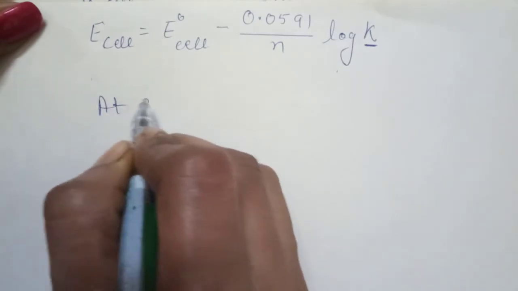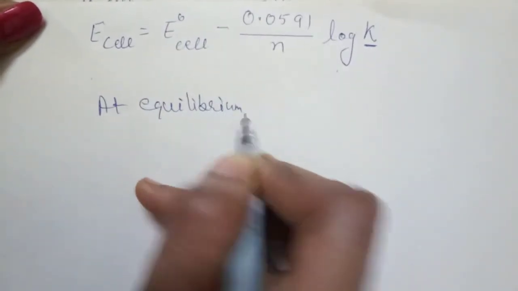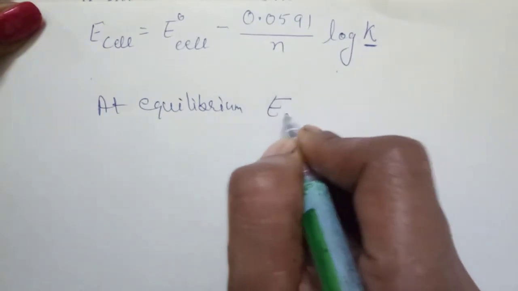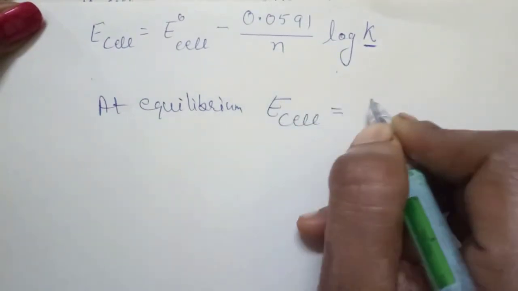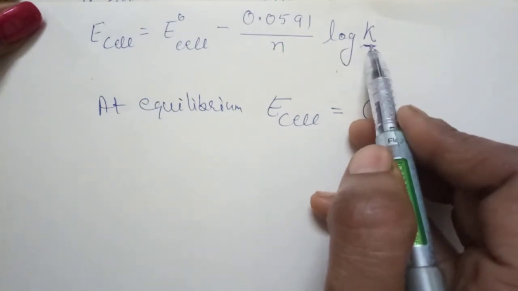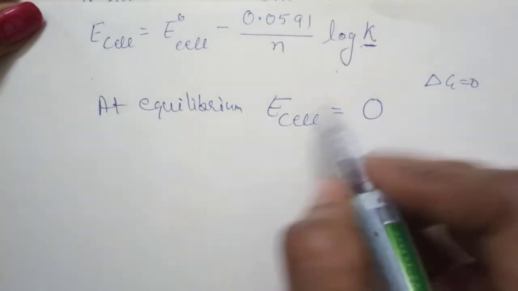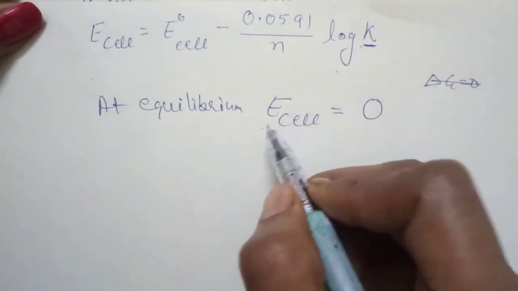Always remember, at equilibrium E cell is always 0, because when equilibrium is established, delta G becomes 0, so E cell also becomes 0.